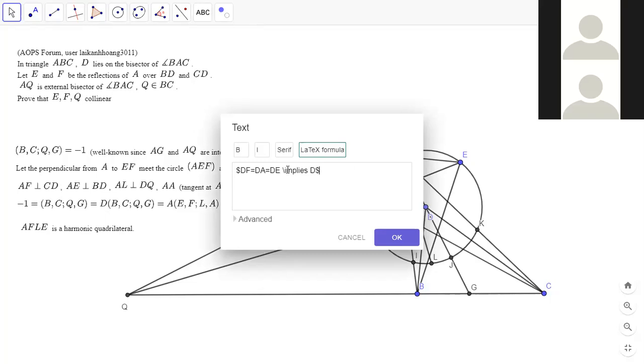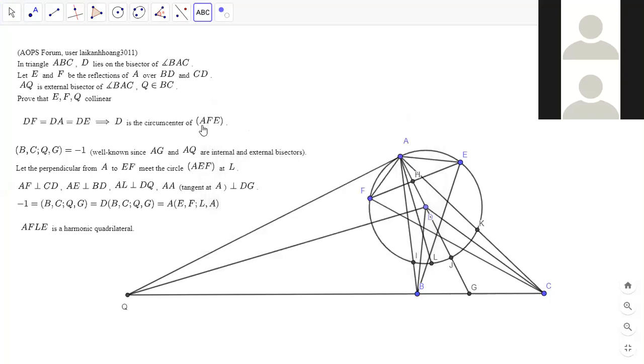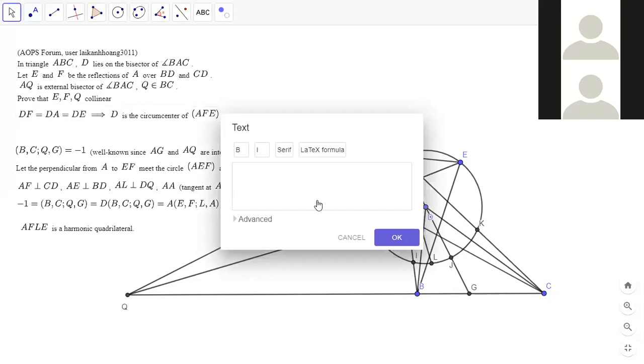So that means D is the circumcenter of the circle AFE, and so QA is tangent. So that implies QA is tangent to ADE.